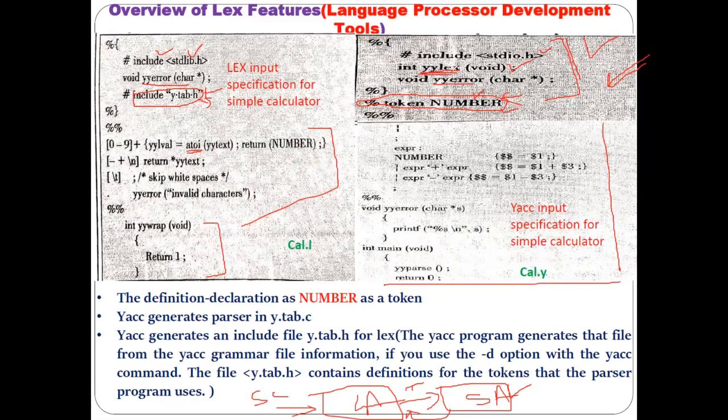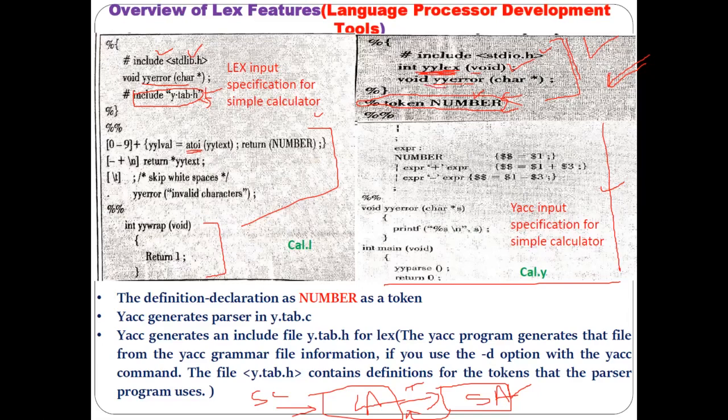And for that purpose, you need to declare yylex here. Understood? It doesn't matter if you compile the Lex program first or the Yak program first, but always your Yak program will call the Lex program. And as your Yak program is calling the Lex program, you have to mention the yylex function here.